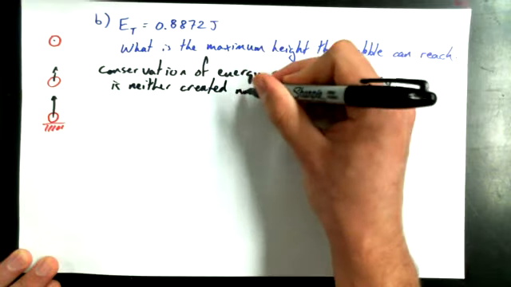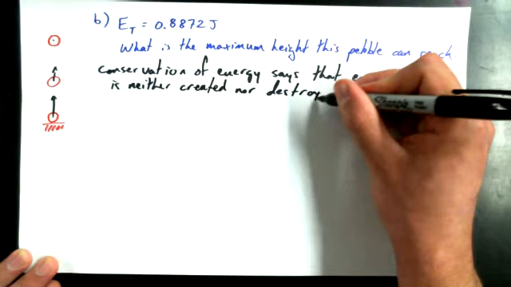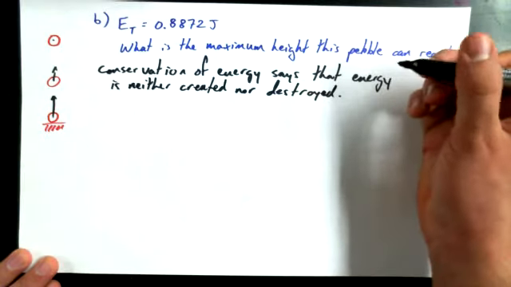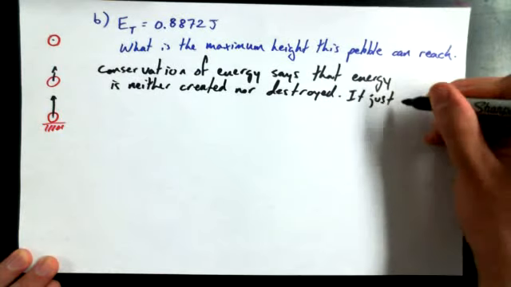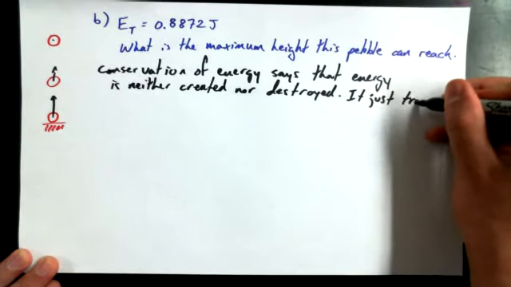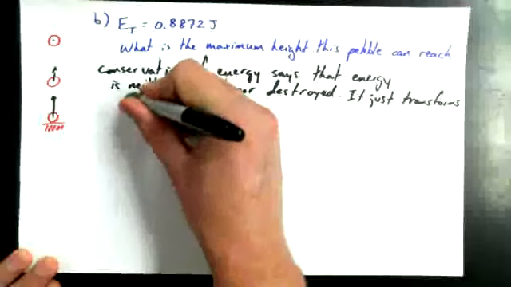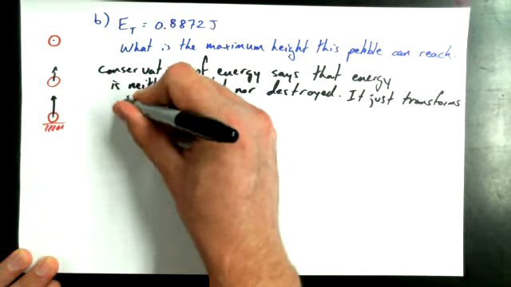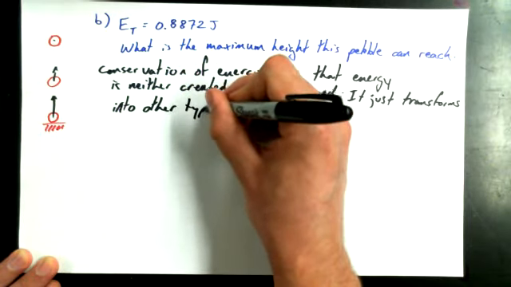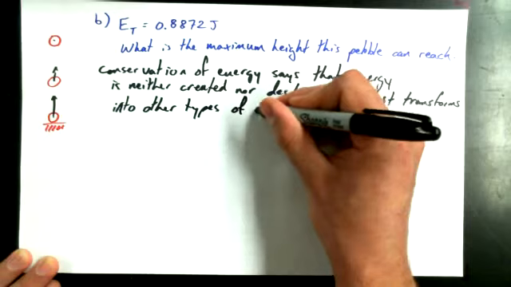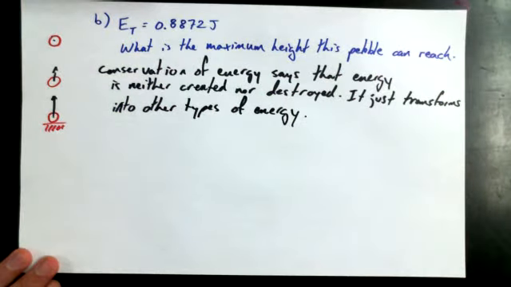Does that mean that it's going to be 0.872 or so? So it all has to be gravitational? Yeah, you got it. Okay, it's just transformed into other types of energy.